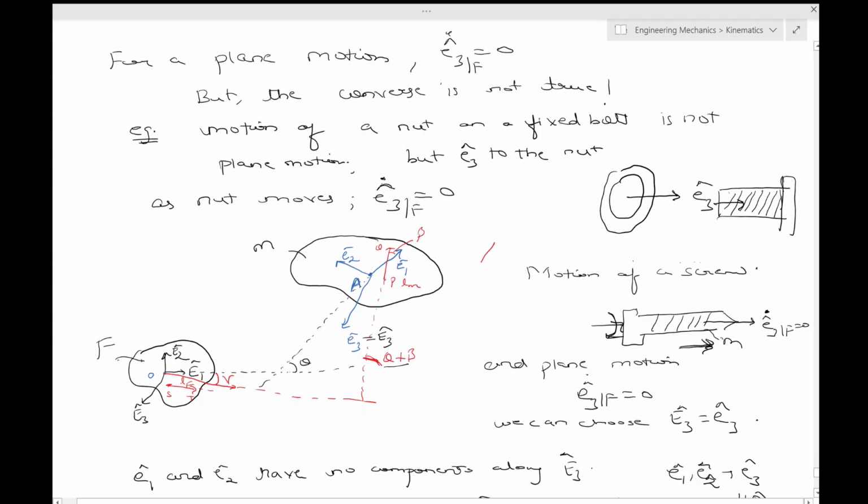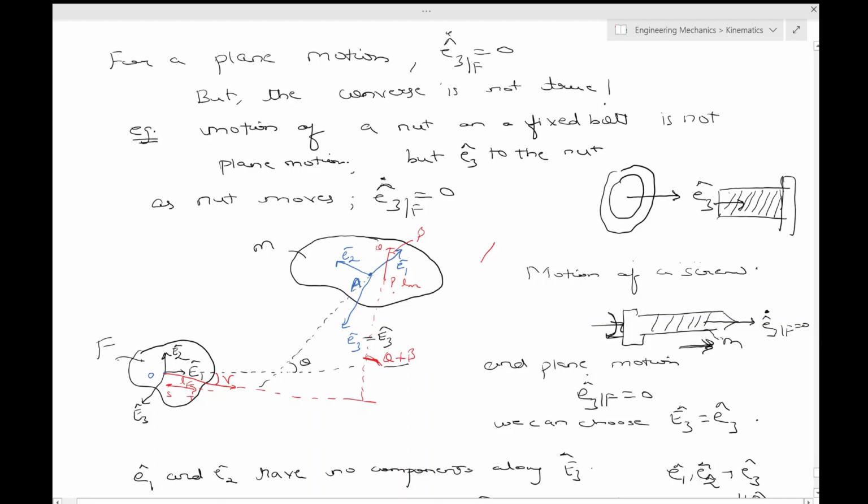And how is this gamma drawn? Well, just like PQ is not actually originating from A, similarly ST is not originating from O, but it is still perpendicular to big E3.